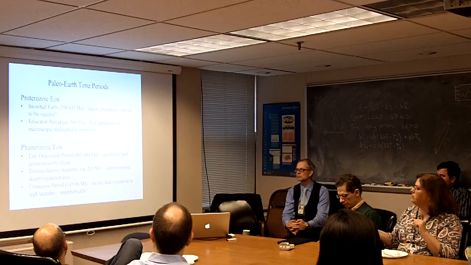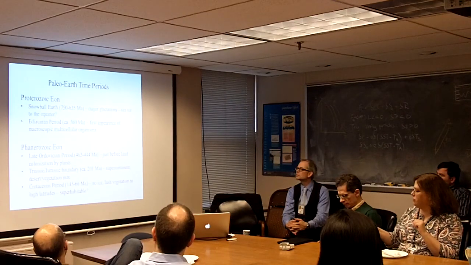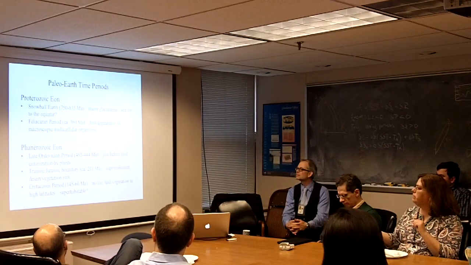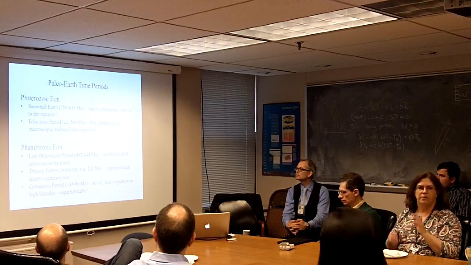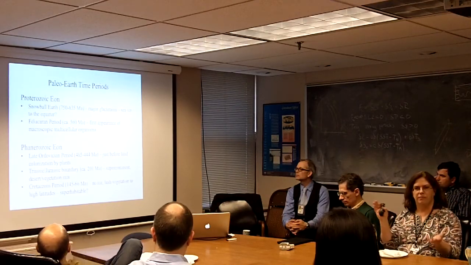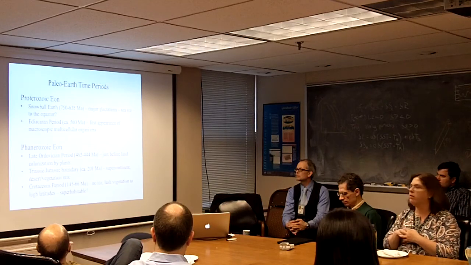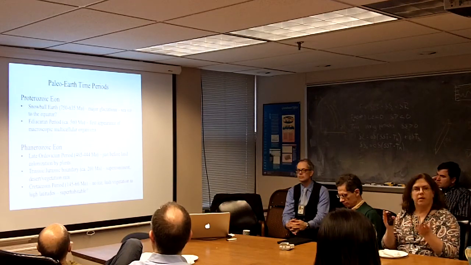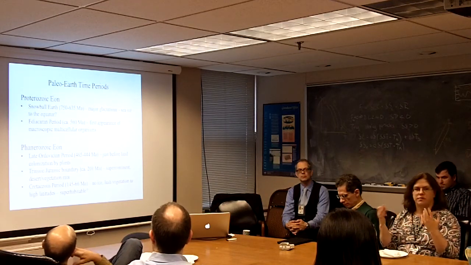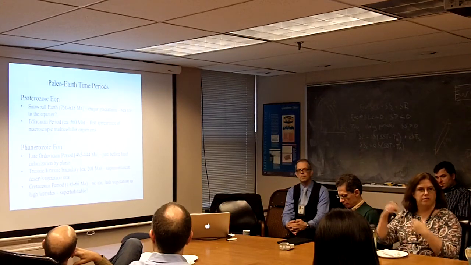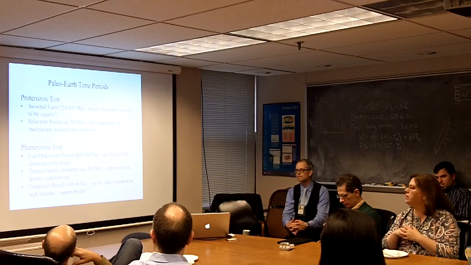The next time slice is going to be this Triassic-Jurassic boundary interval. This is the time of the supercontinent Pangaea. Folks have probably heard that name before. That's a big continental landmass that was basically saddling the equator, extending north and south into the mid-latitudes.